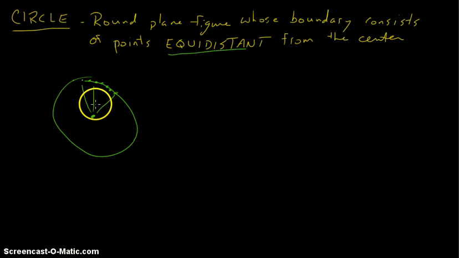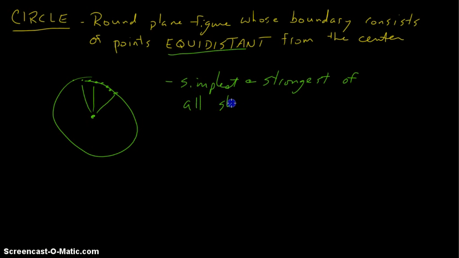So pretty self-explanatory. The circle is the simplest and strongest of all the shapes. For that reason, you can find it within the geometry of many engineered products.